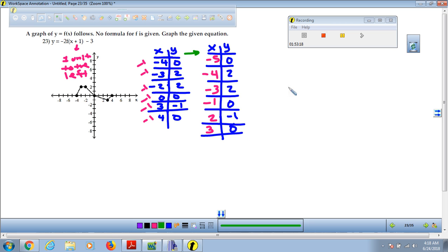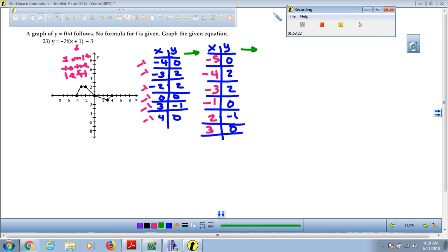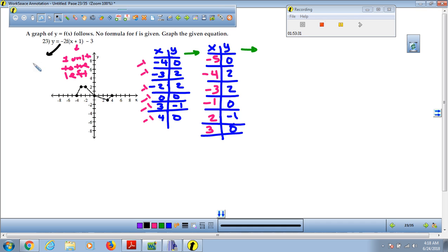Okay, the next transformation, and I'm going to be doing them in the order as I should. There are two things. There is a reflection with the negative across the x-axis, or over the x-axis.